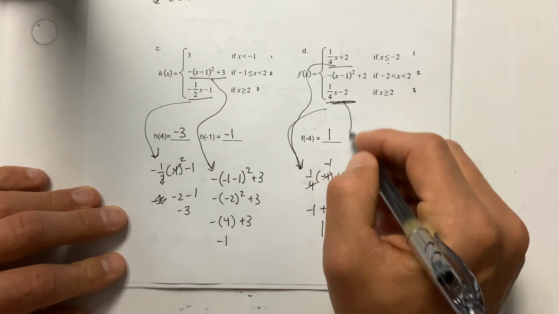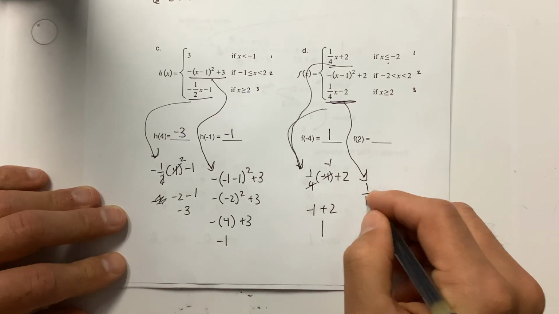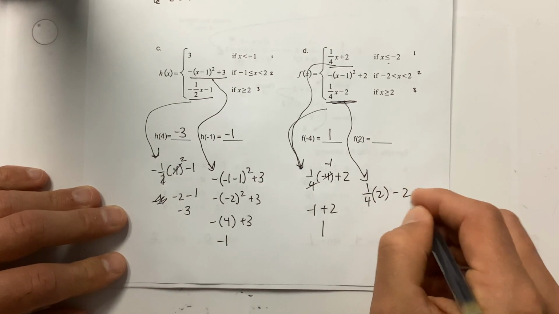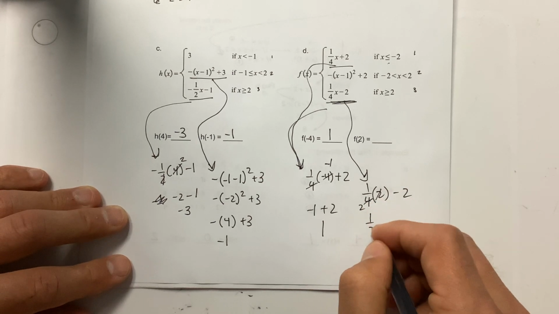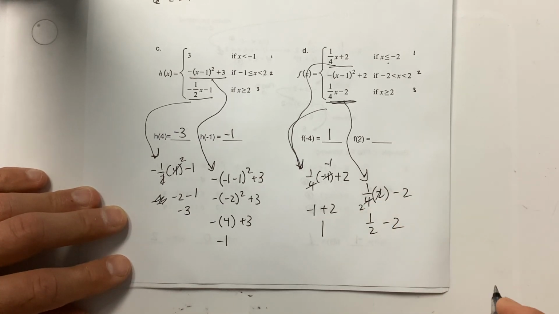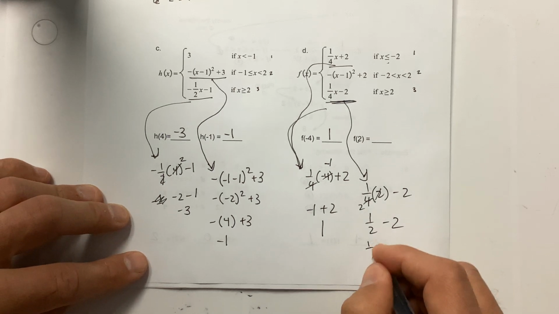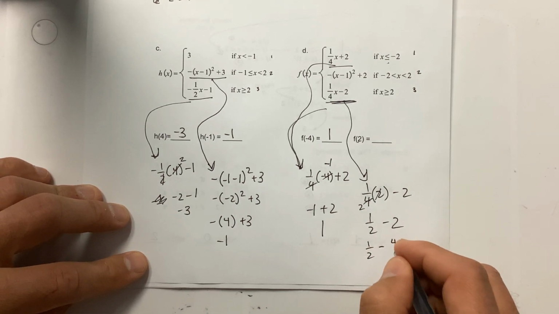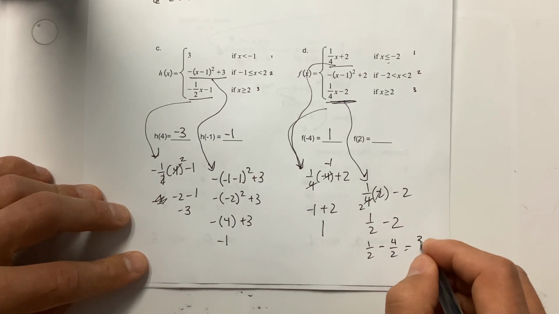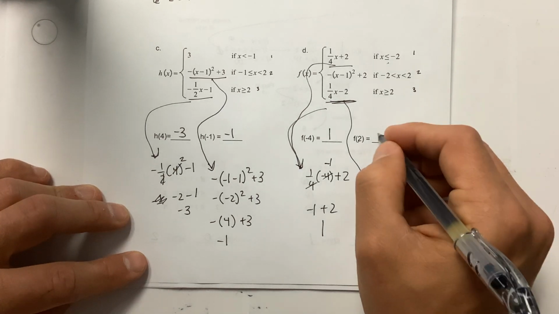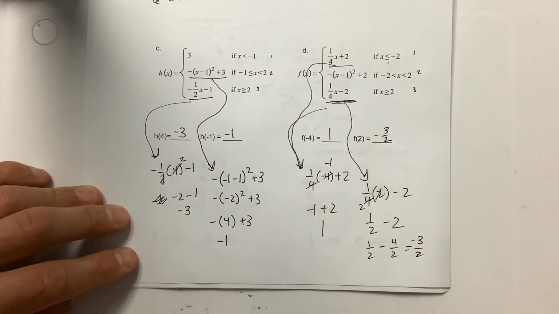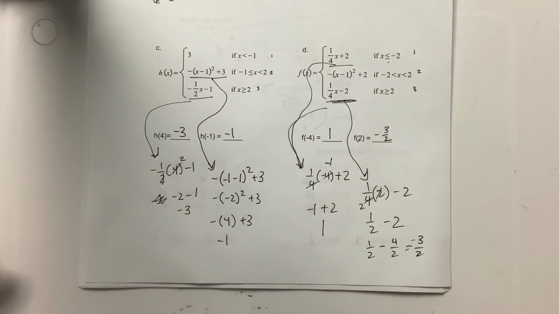So this one actually is the one that's going to go down. 1/4 times 2 minus 2. Cancel just a little bit, so we're going to end up with 1/2 minus 2. 1/2 minus 4/2, which is -3/2, or -1 and 1/2.